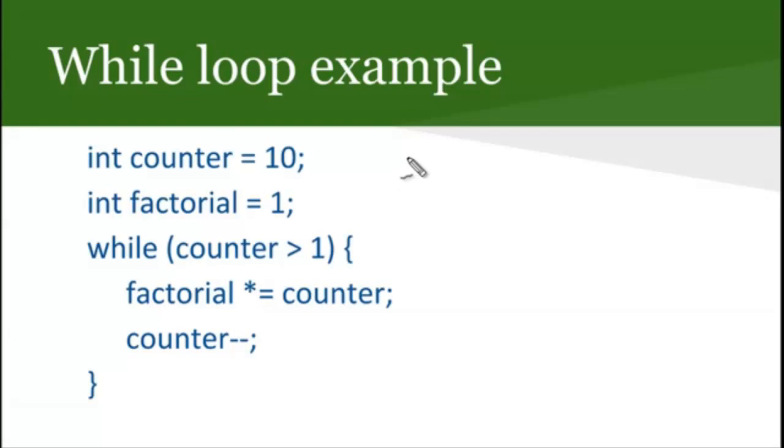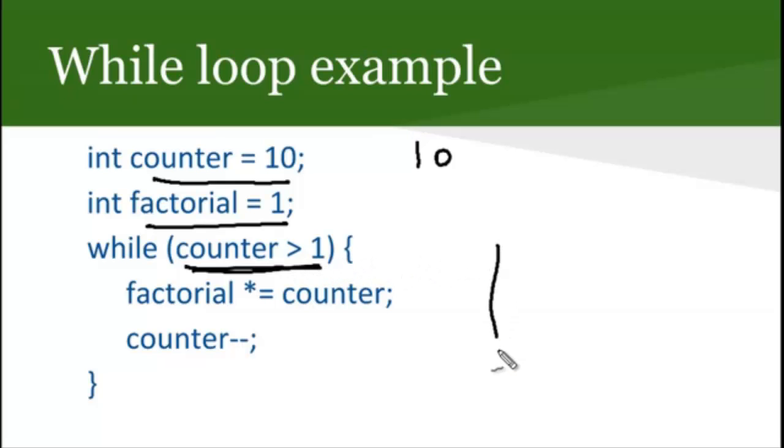Say we need to find out the factorial of the number 10. We define a variable int counter equals 10 and int factorial equals 1. So our condition is that while counter is greater than 1, execute these sets of statements.